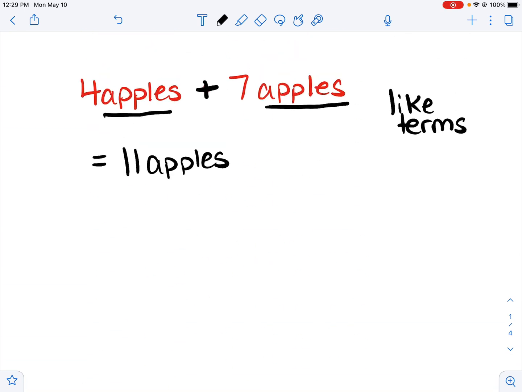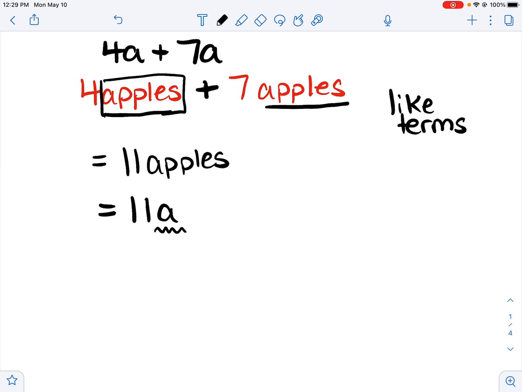In math, we don't usually write words. So instead of apples, we might just use the letter A. So we might say 4A plus 7A. And then instead of 11 apples, we would say 11A.